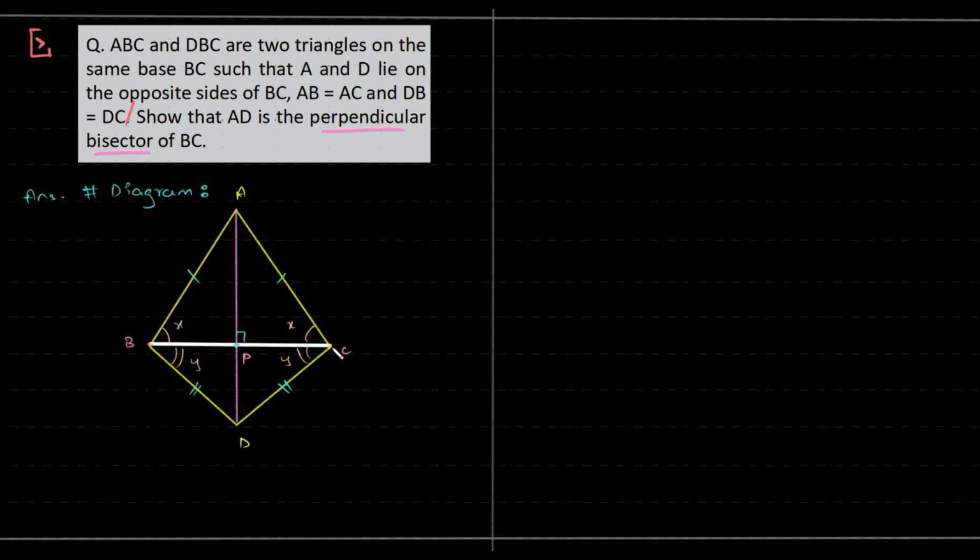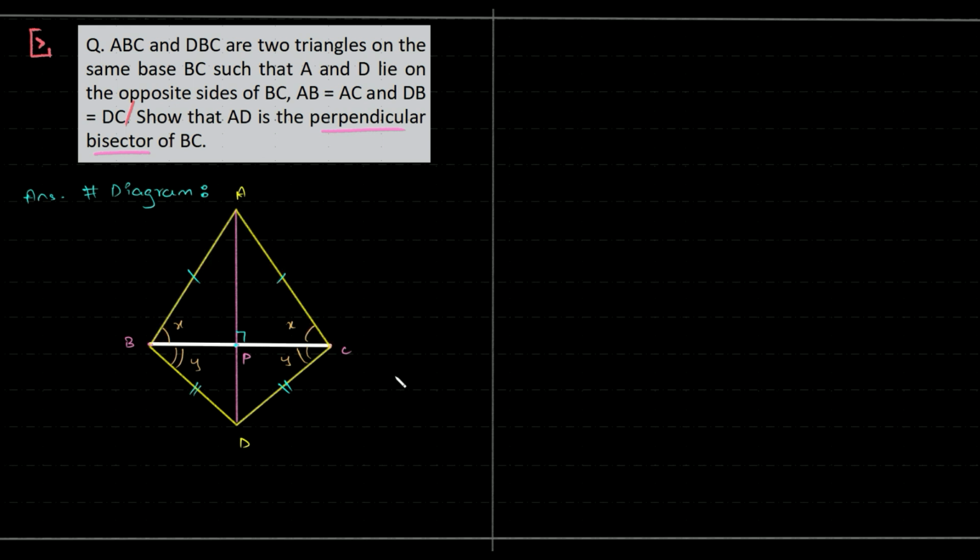So opposite to this side is angle B, and opposite to DB is angle C. Then opposite to AB is angle C and opposite to AC is angle B. And so we have this.